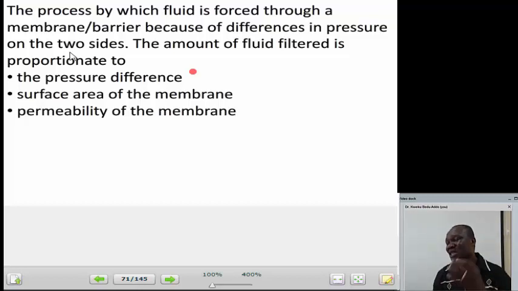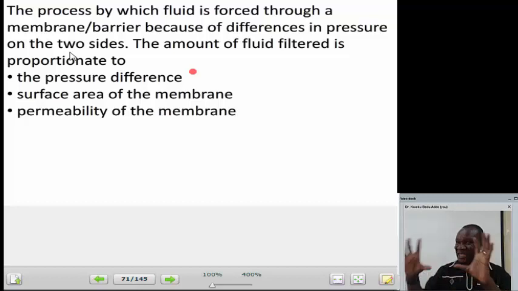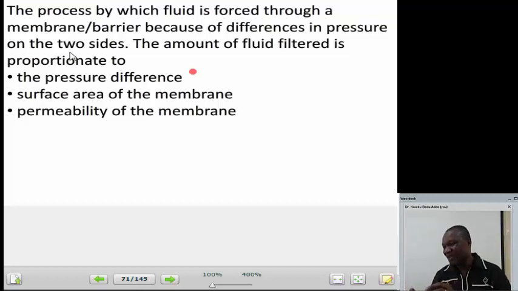And an important filtration process that occurs in the body is in the glomerulus. I guess you know where the glomerulus is. In the kidney, we have the nephron, right? And the glomerulus is a ball of capillaries where filtration takes place.